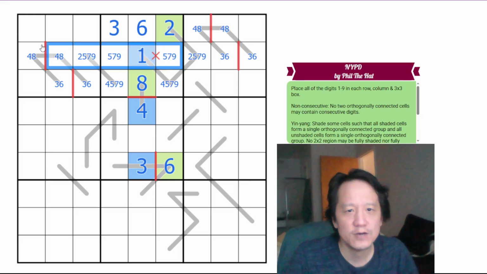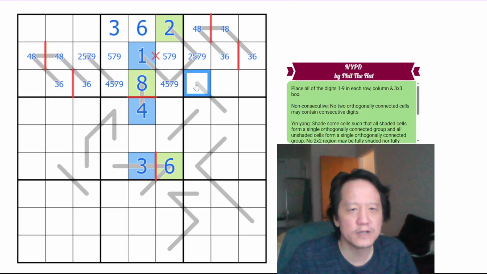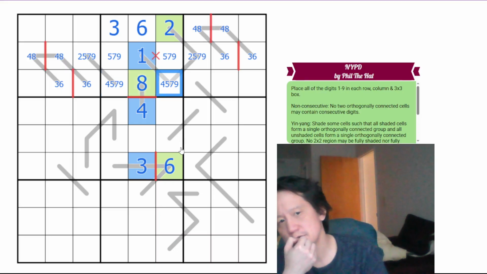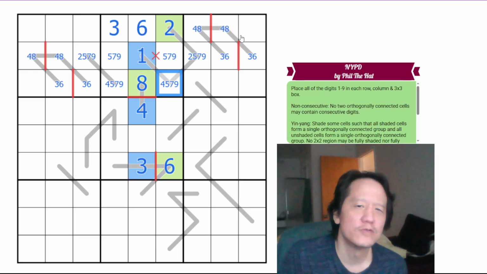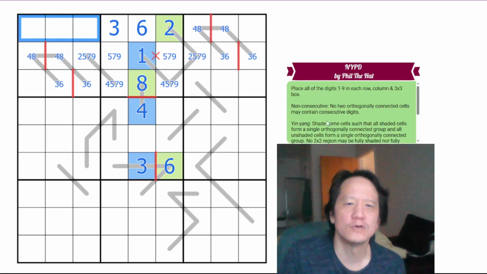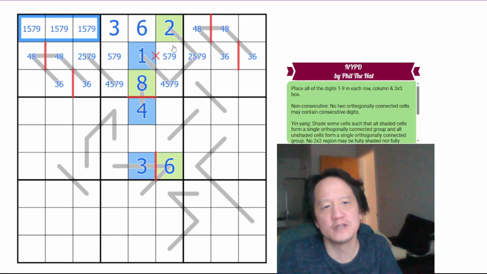Okay, anyways. Where is the... Well, we don't know. We have 4 and 8. The remaining digits in row 1 are 1, 5, 7, 9.